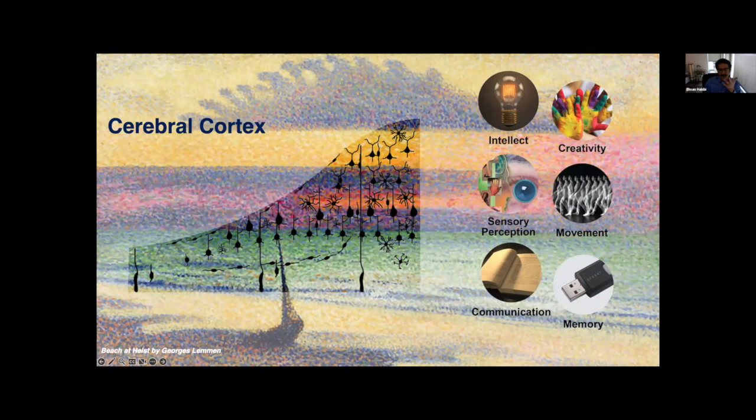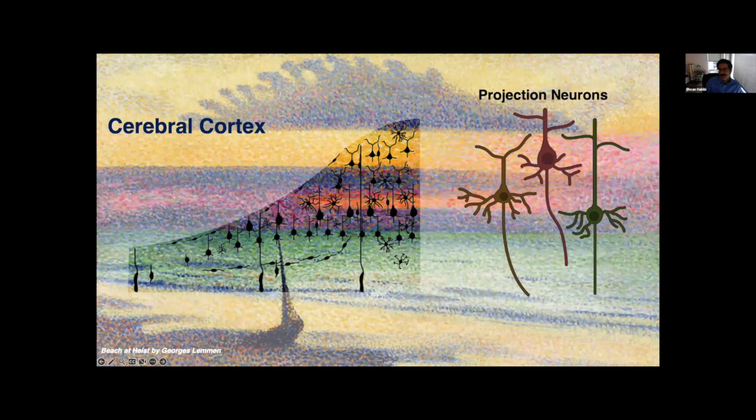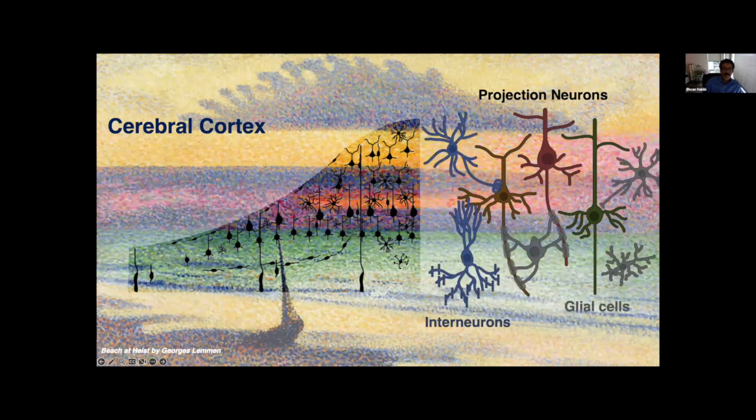Achieving all these functions relies on a diverse group of specialized cell types with precise spatial organization, including projection neurons that extend their axons to different regions of the central nervous system and express selective candidates of genes, and also other types of cells like glia and interneurons.